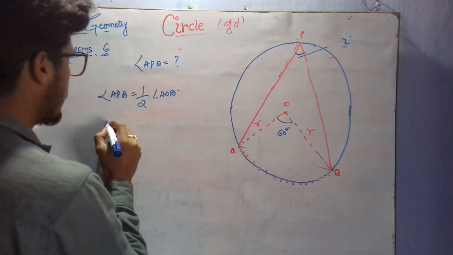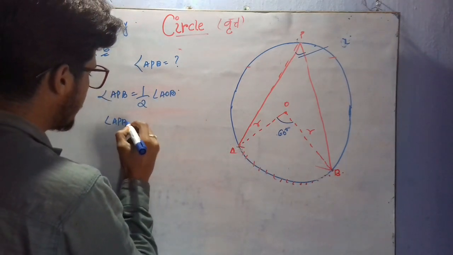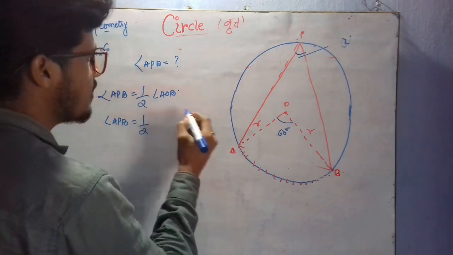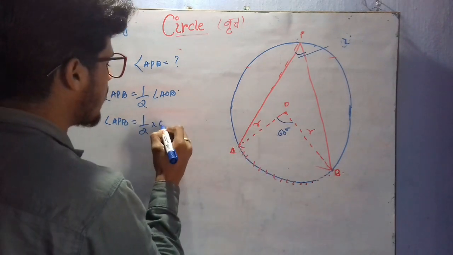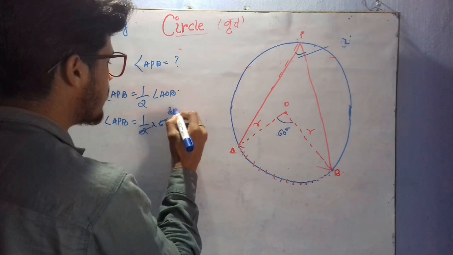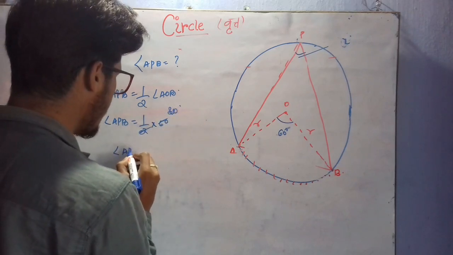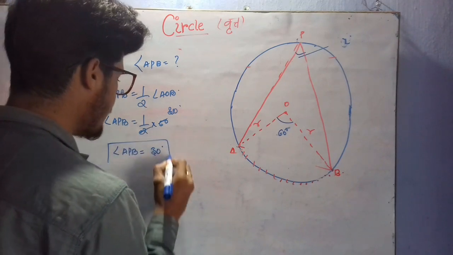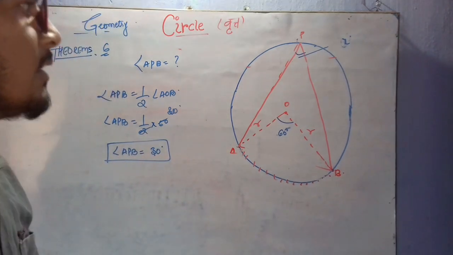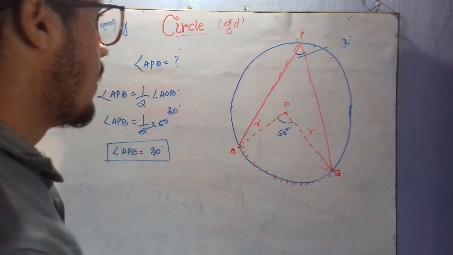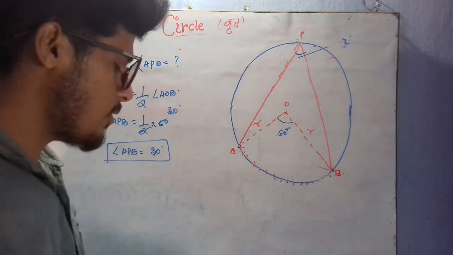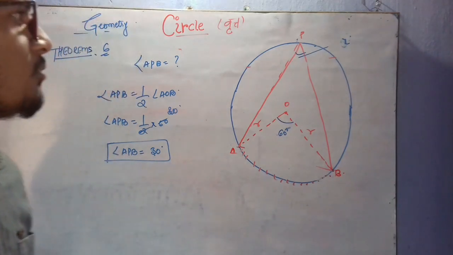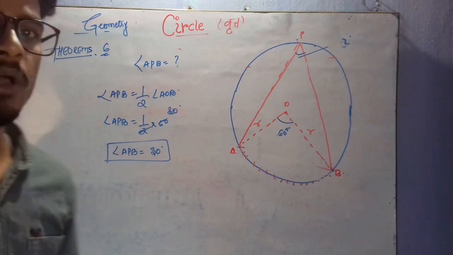It is given that AOB is 60 degrees, so APB equals half of 60 degrees, which is 30 degrees. In this way we can easily calculate the values of angles through the theorems if you have basic knowledge about those theorems. Okay, let's move to the next point.